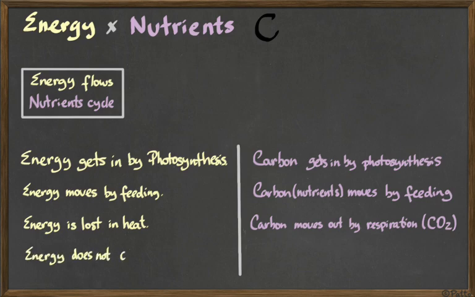Okay? Energy does not come back to the system, and carbon may move back from CO2 by photosynthesis into the system. So that's why we say that energy flows, and we say that nutrients cycle. Very important distinction between how living systems deal with energy and with nutrients.